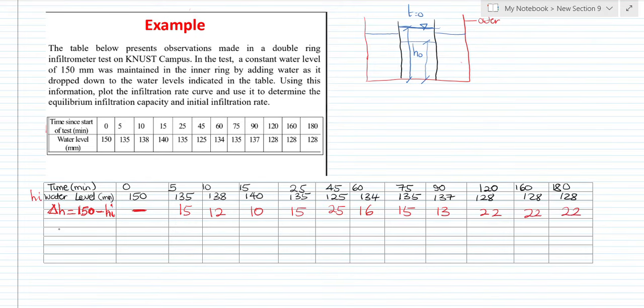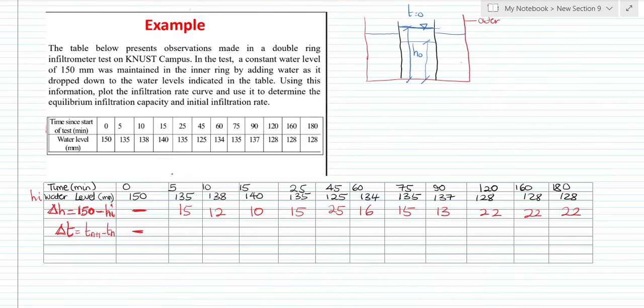Do you get it? Then we find the change in time. So the change in time is Tn plus 1 minus Tn. So if I am here, the initial is going to be dash.